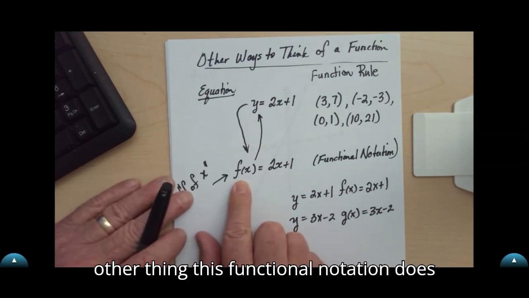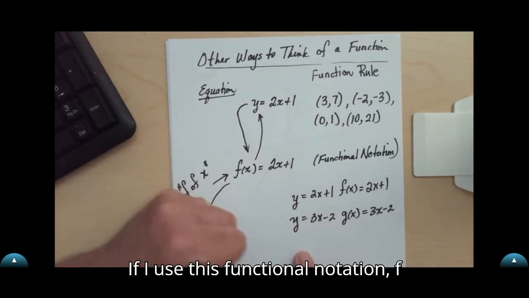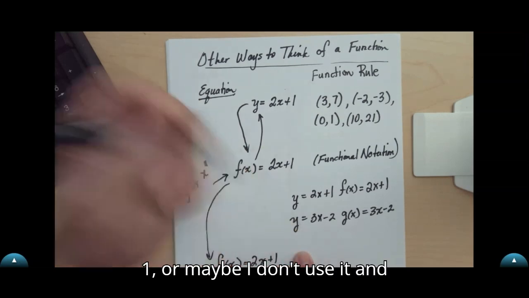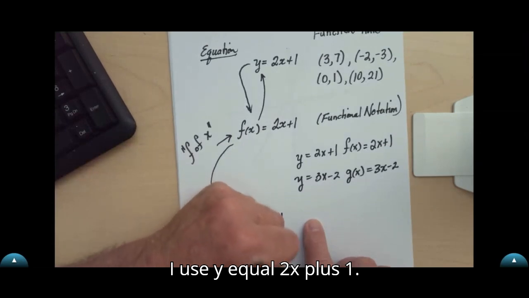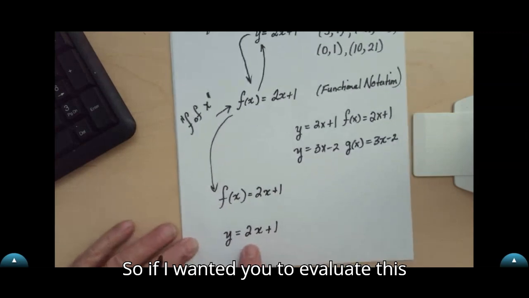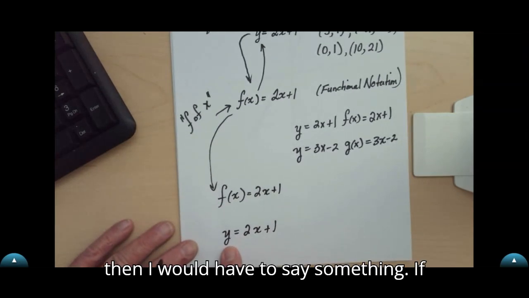The other thing this functional notation does is this. If I use this functional notation, f of x equals 2x plus 1, or maybe I don't use it and I use y equals 2x plus 1. So if I wanted you to evaluate this function when x is 5, then I would have to say something.